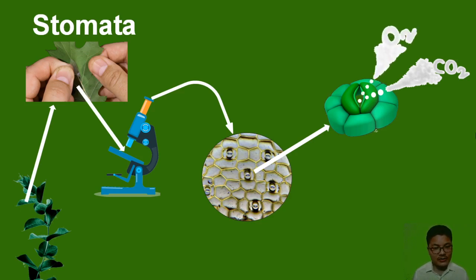So respiratory gases like oxygen and carbon dioxide are exchanged through tiny pores called stomata. Likewise, through those tiny pores, there is removal of excess water in the form of water vapor. That is called transpiration. So transpiration is loss of water in the form of water vapor through stomata.